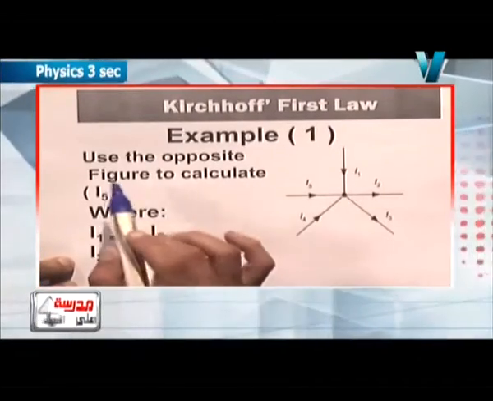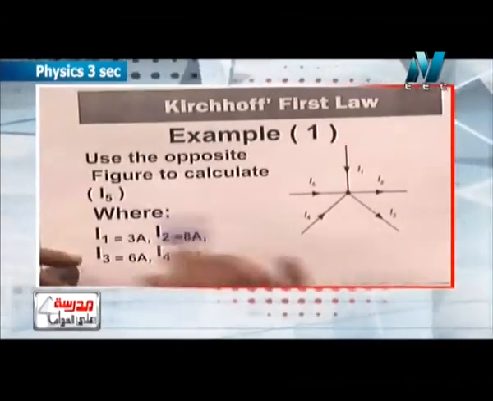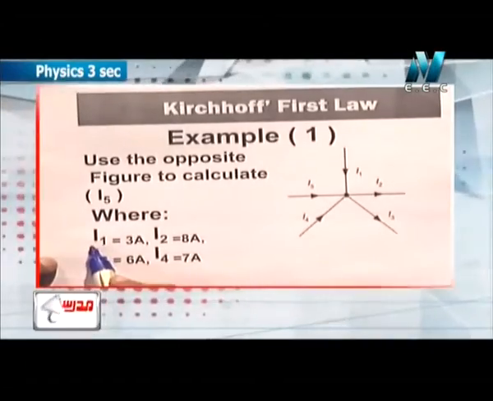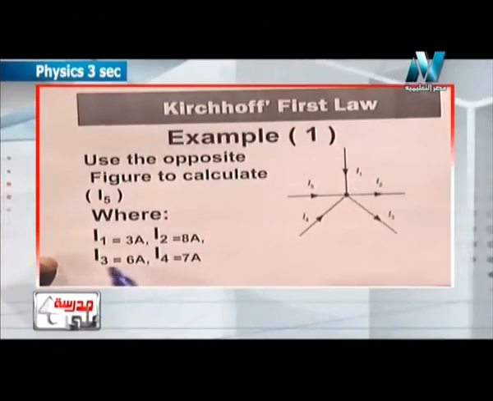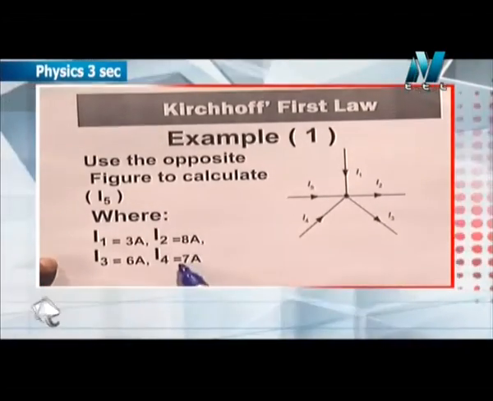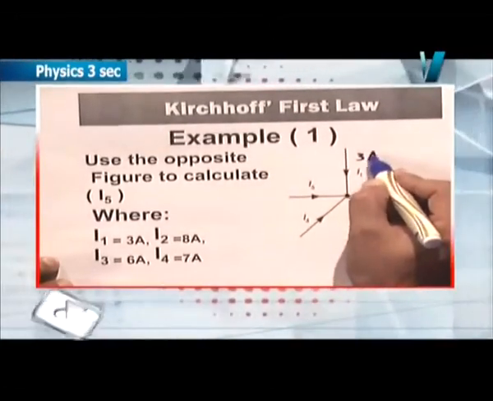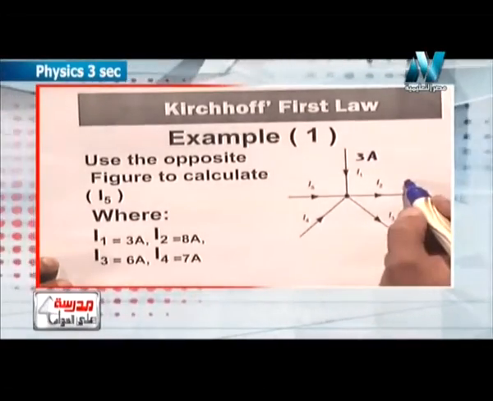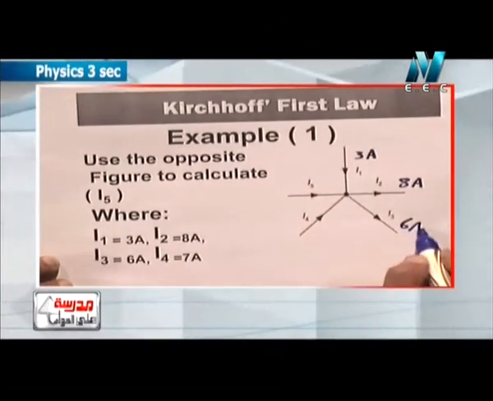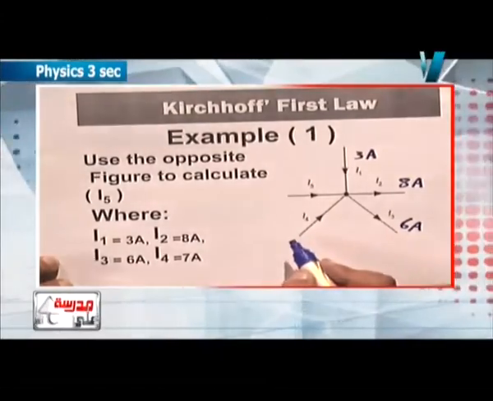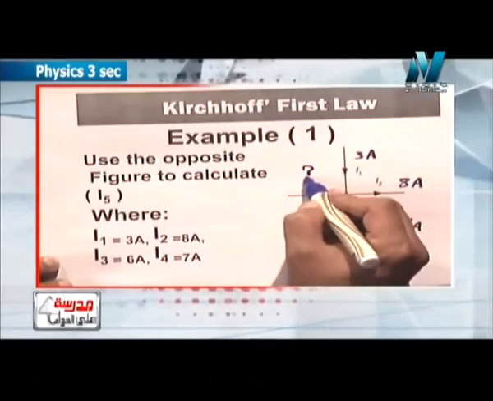As shown, use the opposite figure to calculate I5, where I1 equals 3 ampere, I2 equals 8 ampere, I3 equals 6 ampere, I4 equals 7 ampere, and I5 is the unknown one.